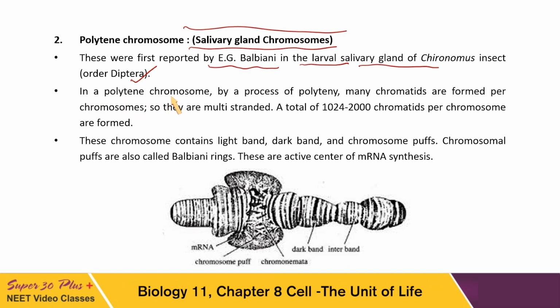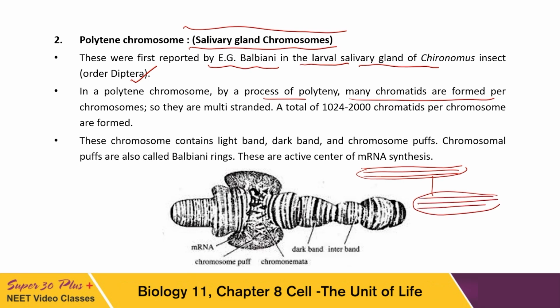In polytene chromosome, a process of polyteny occurs. Many chromatids are found per chromosome. Usually in a chromosome there are two, but because of polyteny they do not separate after DNA duplication, so there will be many threads of chromatin, a total of about 1024 to 2000 chromatids may appear in one chromosome.